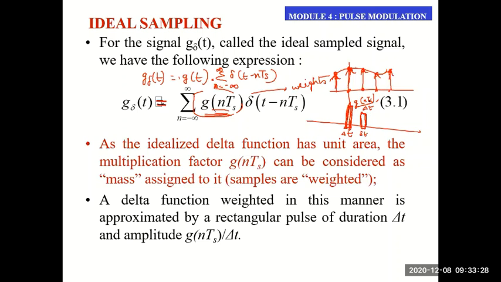That's why we take g(nTs) by delta t, because that indicates a very high magnitude. The smaller the delta t, the larger the value of the amplitude. So remember this representation also, we'll use this more commonly.